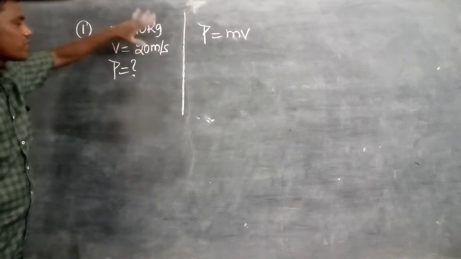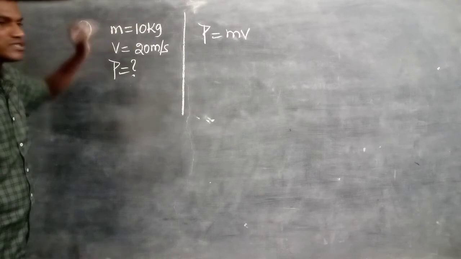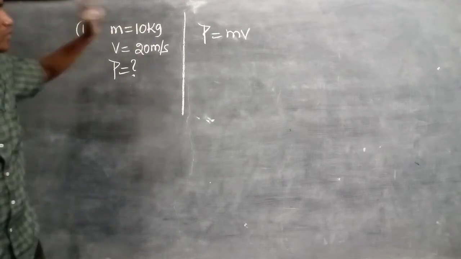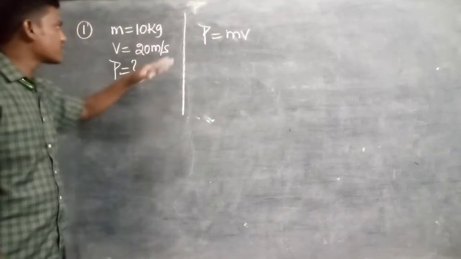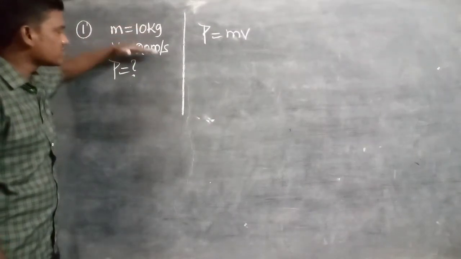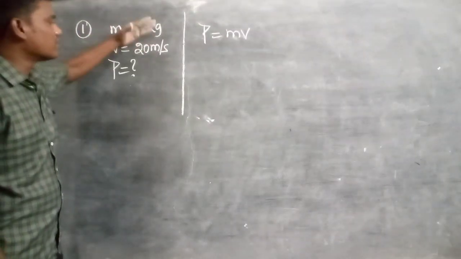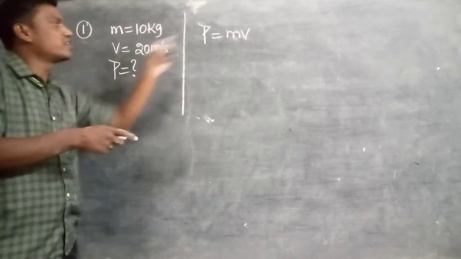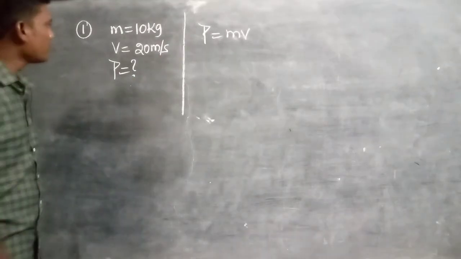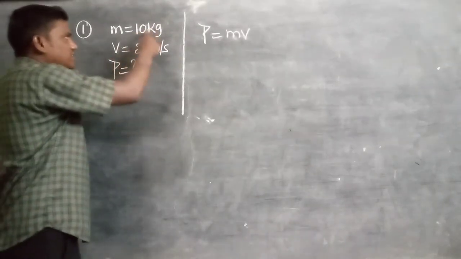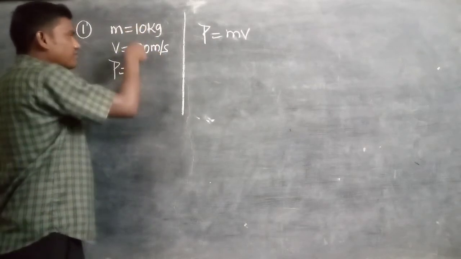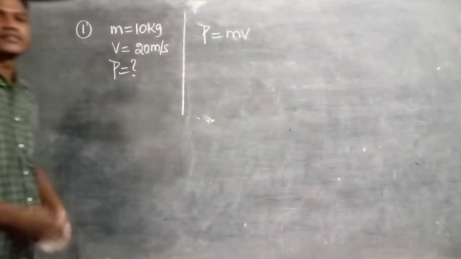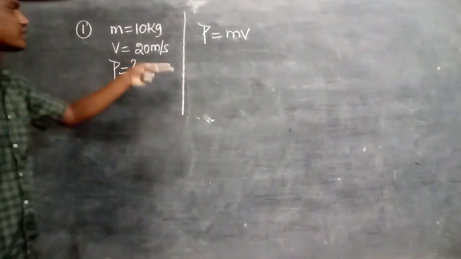If both are in the same system, you can substitute directly. Otherwise, if one is in CGS and one is in SI, convert both into the same system, then substitute the values. Here, mass 10 kg and velocity in meters per second are both in SI units, so you can substitute directly.